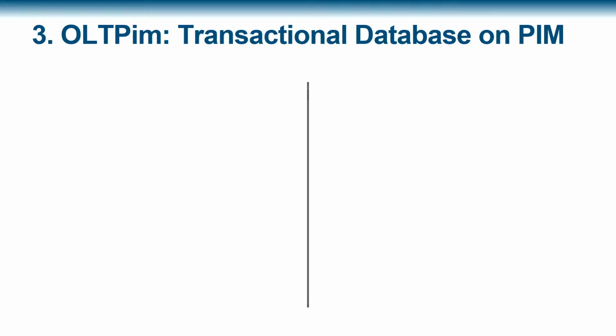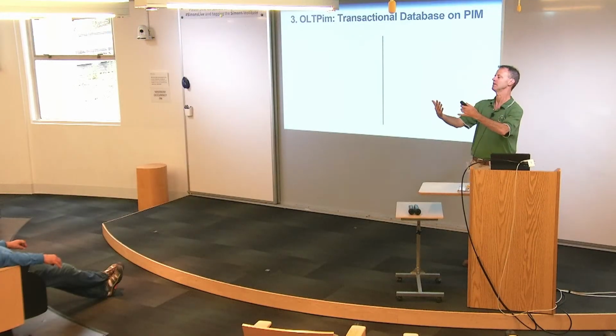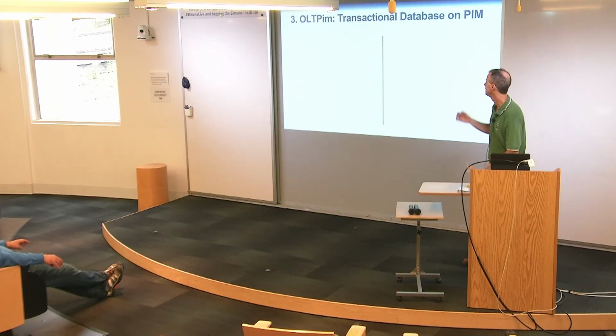You have the select clause, and you want to find these things. And so why not do that in PIM, so that the number of database rows you ship back is much smaller, because you're only shipping back the ones that actually match the query, right? In the traditional database, you'd bring in all the rows one at a time, right? And you'd see, oh, this one matches, this one doesn't match, right?